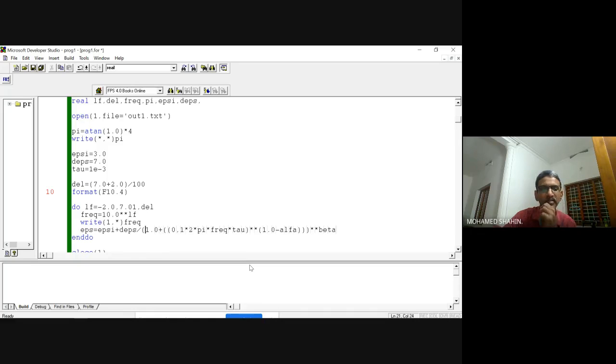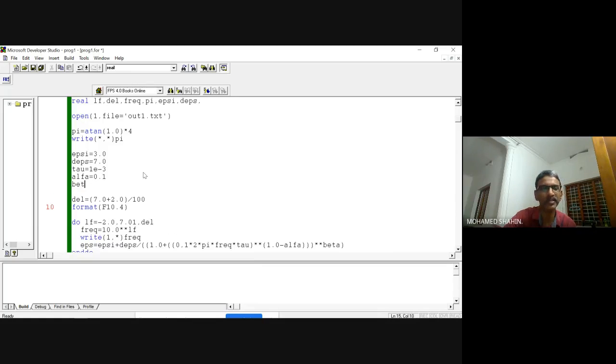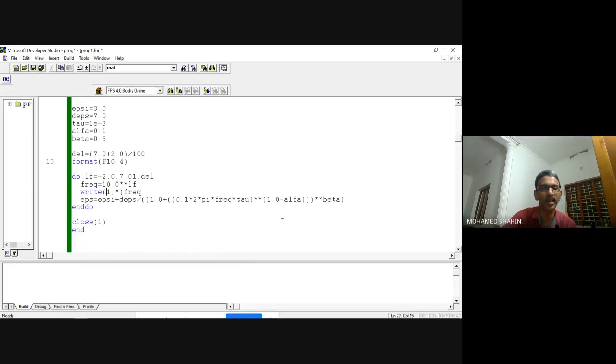Now you can make sure that to be better you put one more bracket so that you don't have confusion. Then I'll show you how to plot it in a, how to rewrite it in a better way. Now alpha we put 0.1, beta you put 0.5. So this is what now we have to write.